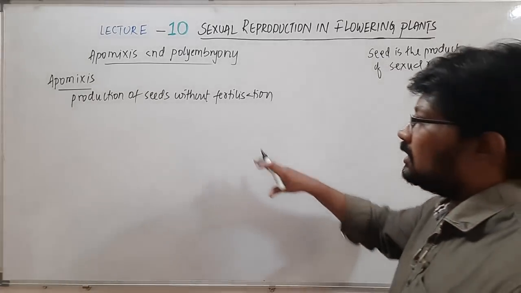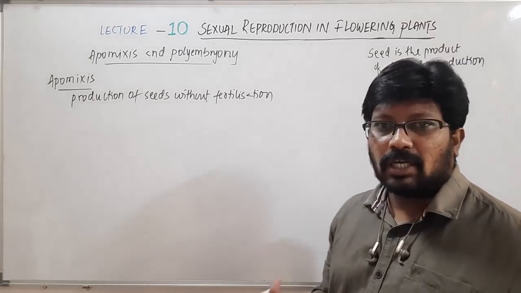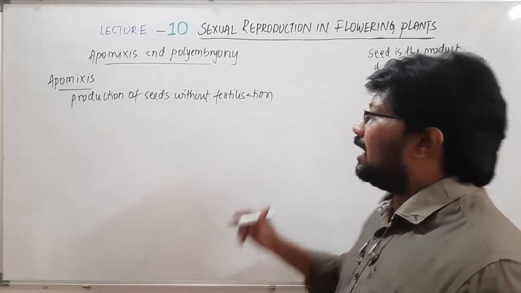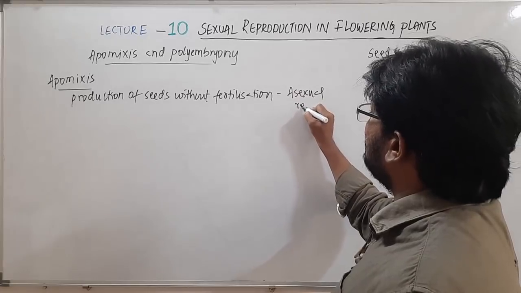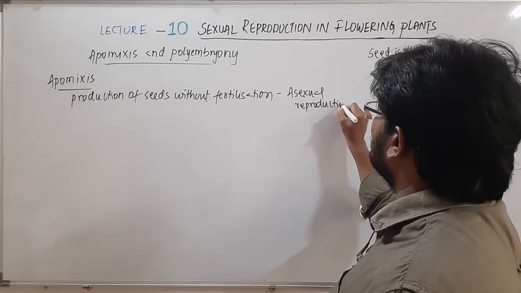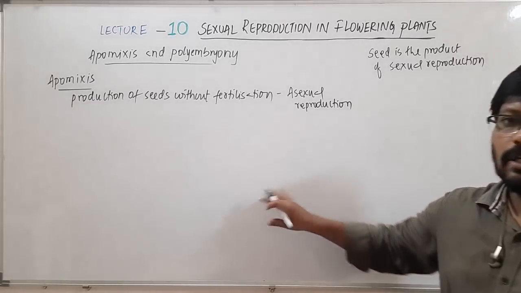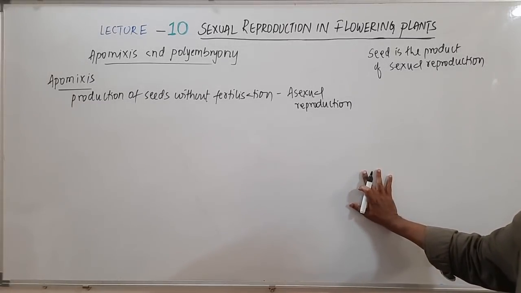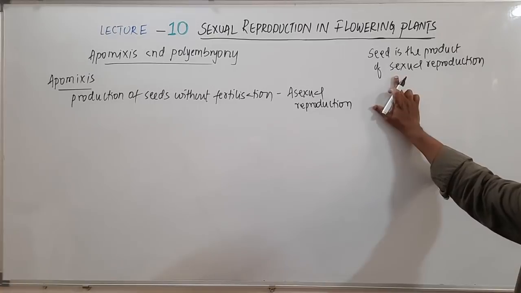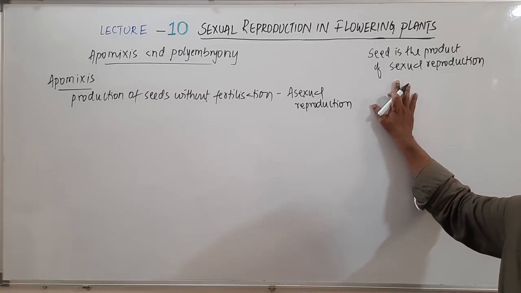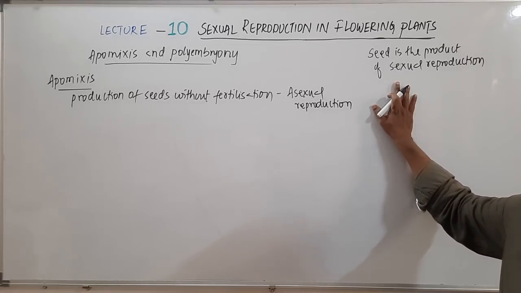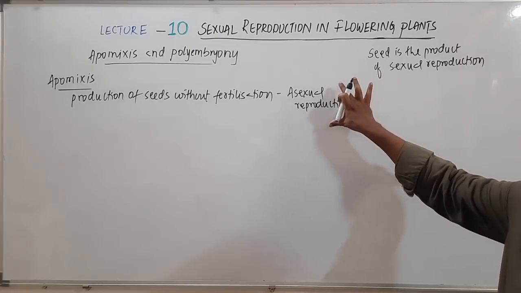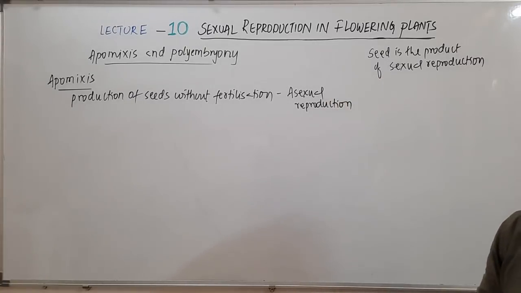If fertilization doesn't take place, we cannot call it sexual reproduction; we have to call it a form of asexual reproduction. So seed is the product of sexual reproduction, and there are exceptions where we get seeds without fertilization, which is a type of asexual reproduction.